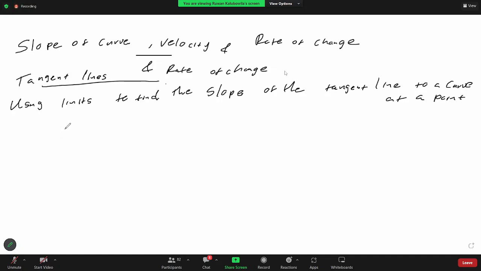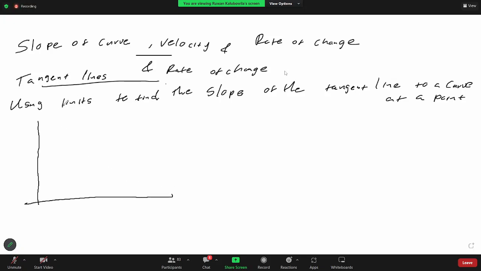Now, you may remember that I drew a graph and took two points called P and Q, and little by little I brought the point Q very, very near to the point P. Not exactly, but really very close to the point P. So the same thing we are going to do here, but in a different representation.